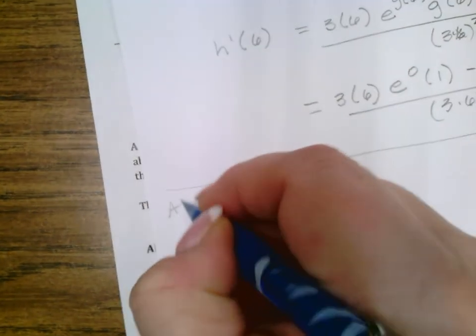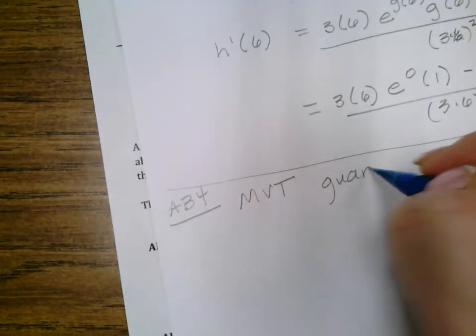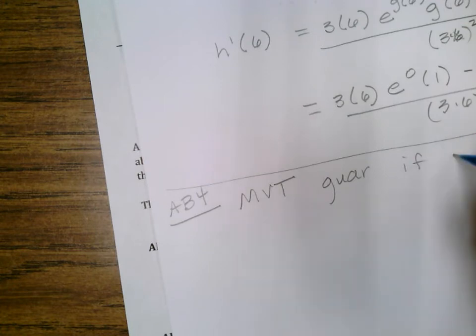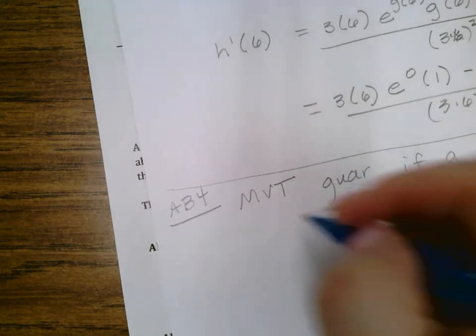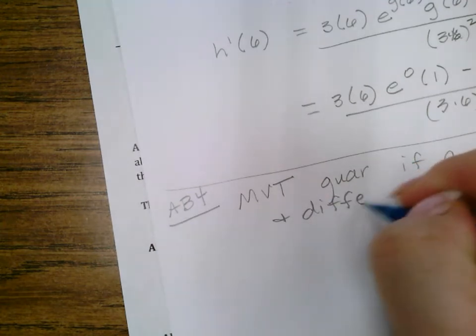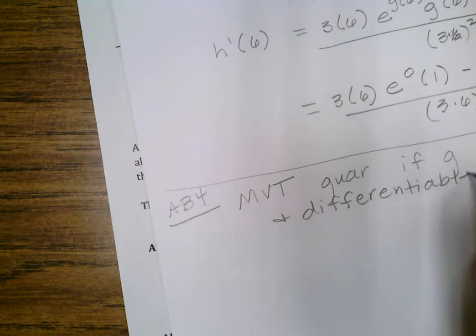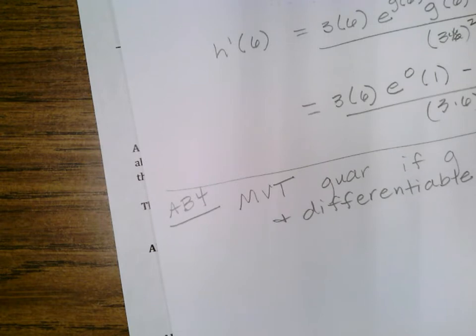Let me put AB4 here. The mean value theorem guarantees it if the function is continuous on the open interval and differentiable, no, it's the other way around. Continuous on the closed and differentiable on the open.